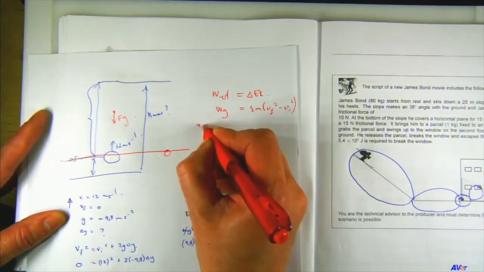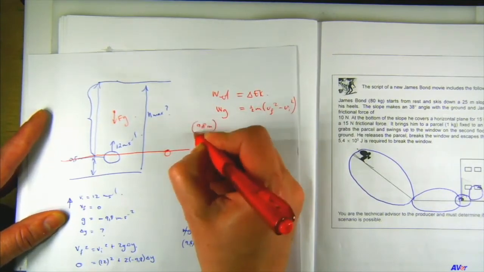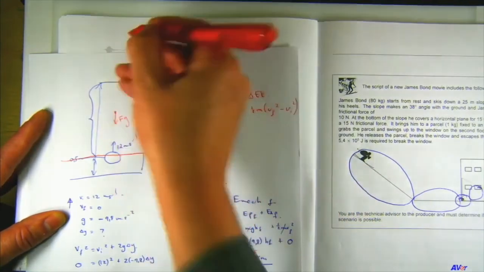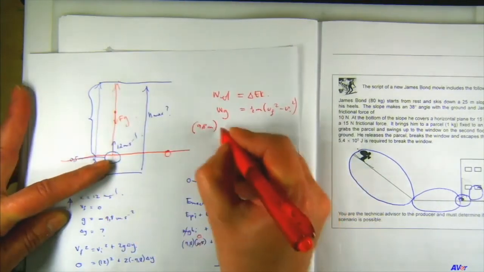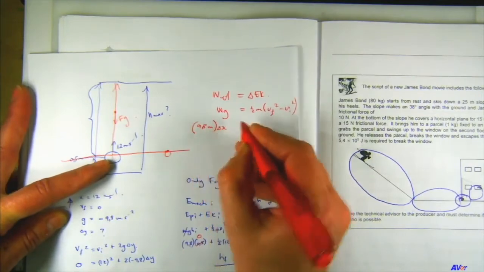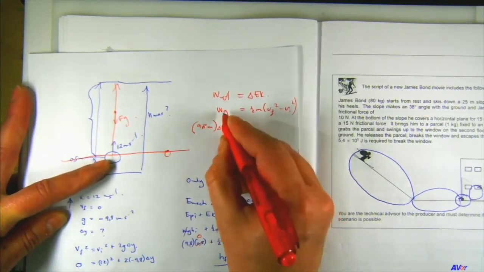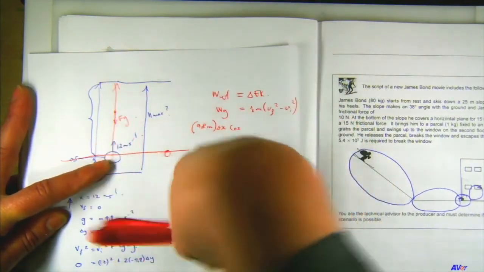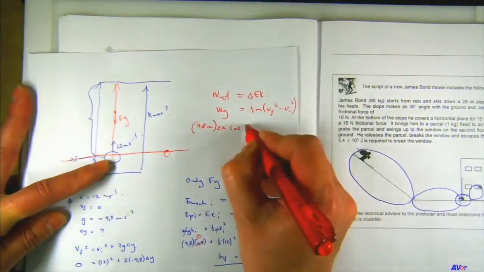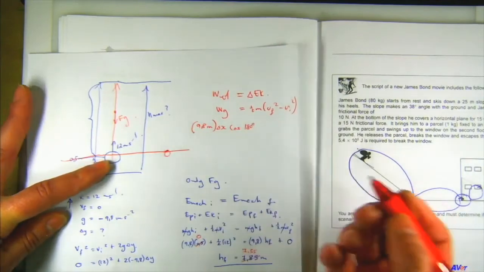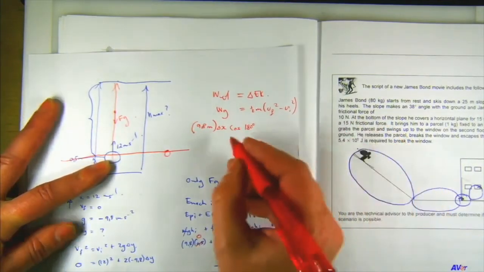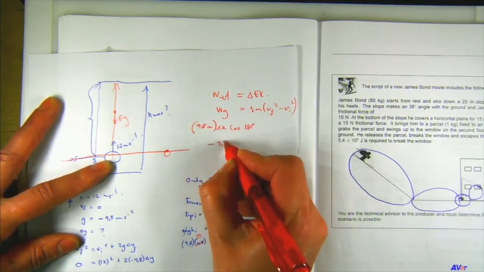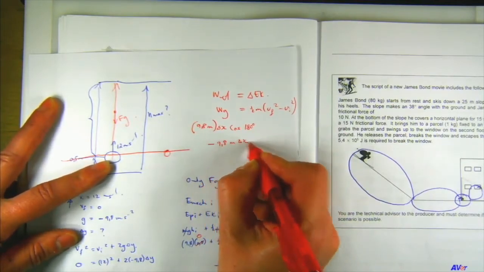No, so just put 9,8 m in there, times the traveling distance, delta x, times cos. Gravity is working downwards and I'm moving upwards, so this should be 180, so I end up with minus 9,8 m delta x.